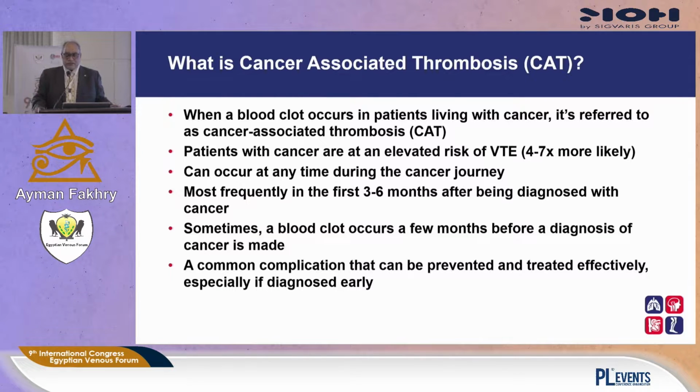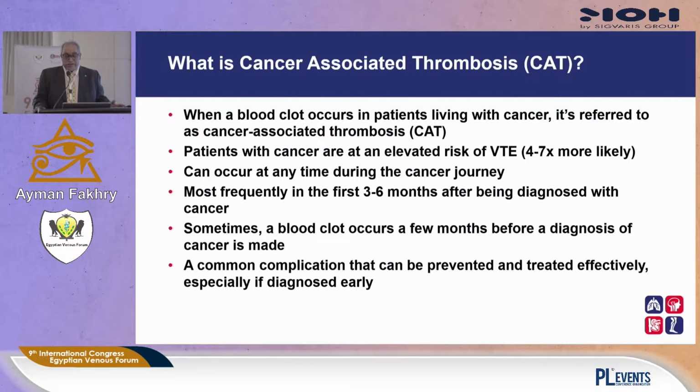Regarding the definition, when a blood clot occurs in patients living with cancer, it is referred to as cancer-associated thrombosis. The patient starts with cancer, then develops VTE. Maybe VTE is the first presentation of the cancer patient, but the combination of both is CAT.